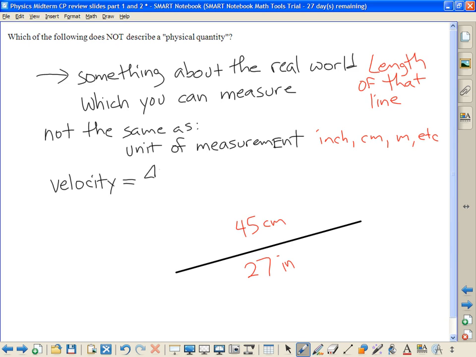Well, change in position, which is a physical quantity, over change in time, which is another physical quantity. And that is a legit physical quantity. Likewise, force, momentum, mass, etc. Ideas about what might be given to try to trick you?